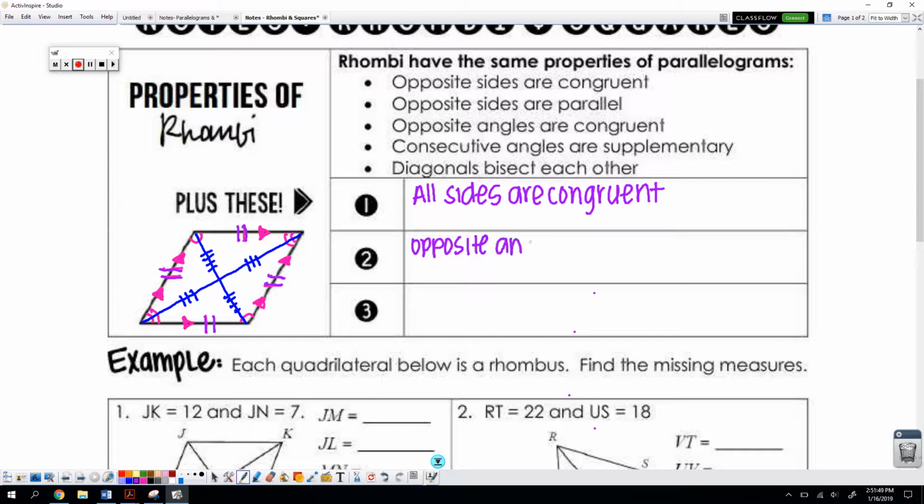Now, what we also have is that opposite angles, or actually let's go through, we won't write that. What we'll write instead is that diagonals bisect opposite angles.